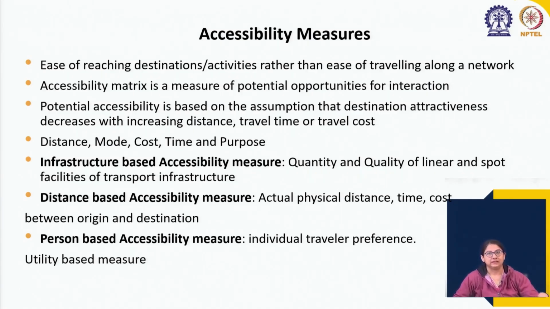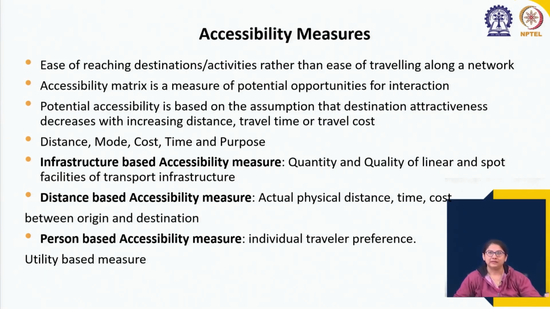Potential accessibility is based on the assumption that a destination's attractiveness decreases with increasing distance, increasing travel time, as well as increasing travel cost. The overall destination attractiveness, however, depends upon the availability of certain opportunities, such as the number of jobs or the number of people or overall population.